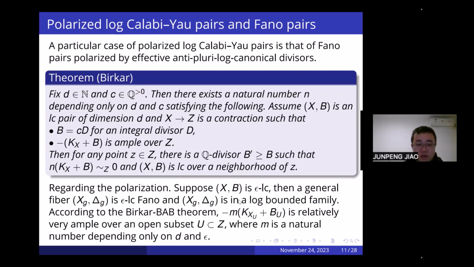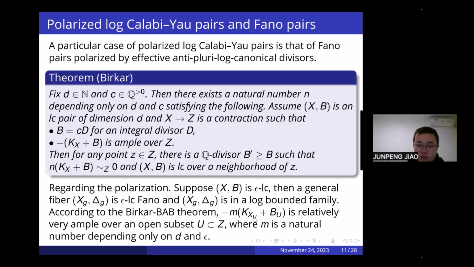And for a general fiber, then by the Birkar BAB theorem, (X_eta, Delta_eta) is in a log bounded family, and there exists an M such that M(K_Xu plus B_u) is relatively ample over an open subset, and this M depends only on d and epsilon.